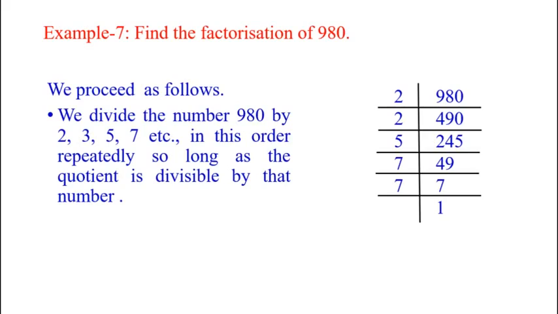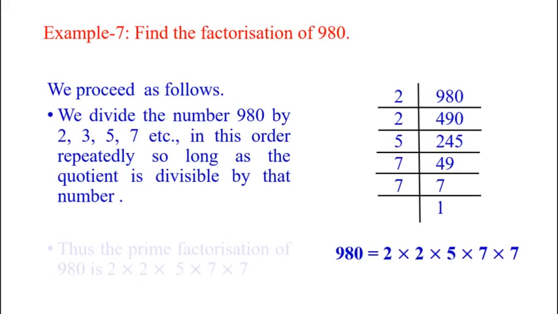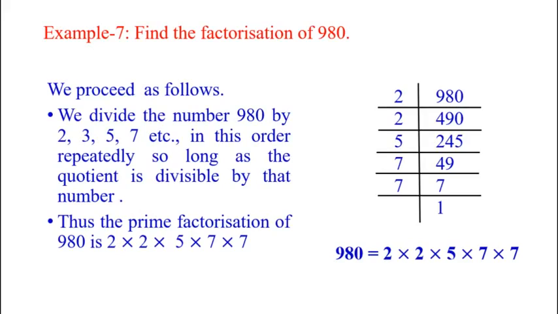So 980 can be factorized like this. So 980 is equal to 2 into 2 into 5 into 7 into 7. Thus the prime factorization of 980 is 2 into 2 into 5 into 7 into 7.